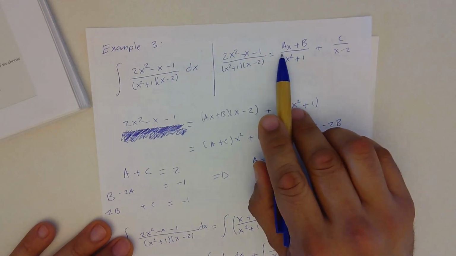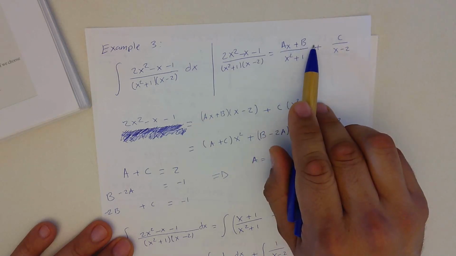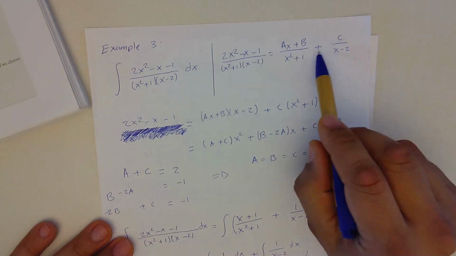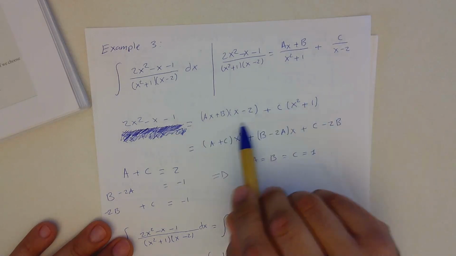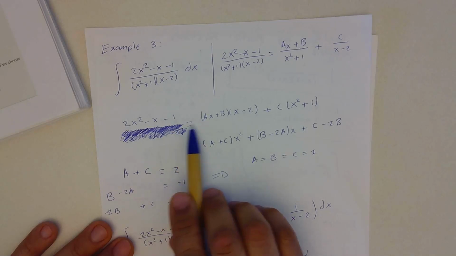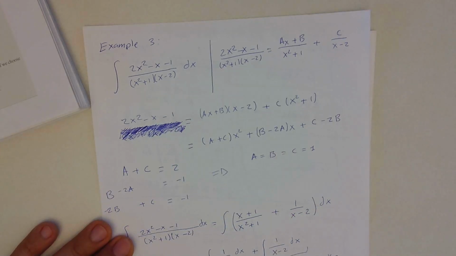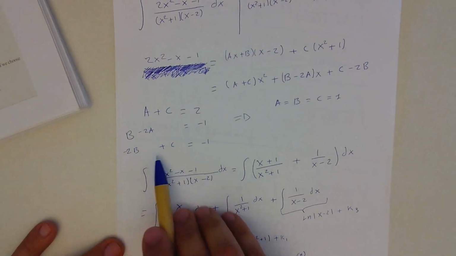So for this one, we have a different way to do the factorization, which is with this term that includes an x on top, a and b, two different numbers, plus c. Again, we do the multiplication of both like that, and we have to equal this to the numerator, and then separate that in the matrix.